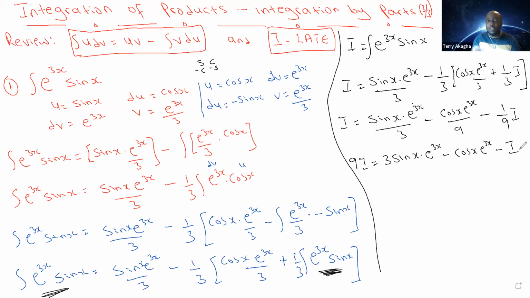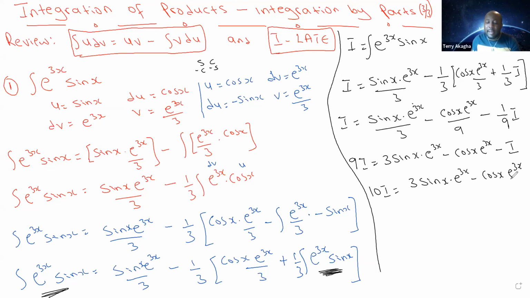You take I to the other side, and that will give you 9I plus I. So it's going to give you 10I is equal to 3 sin x times e^3x minus cos x e^3x. Now, what is common here?